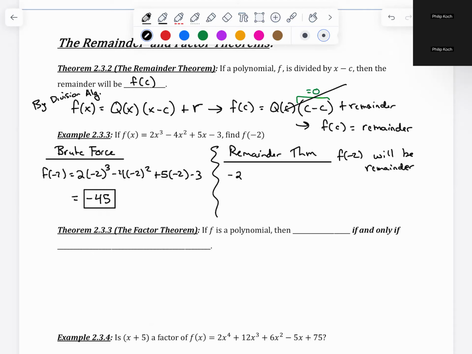So negative 2 here divided into 2x cubed minus 4x squared plus 5x minus 3. All powers of x are present and accounted for, so we don't need to put any placeholders. And then go ahead and perform this synthetic division. You're going to be doing it a decent amount in this unit, so make sure you get comfortable with it.